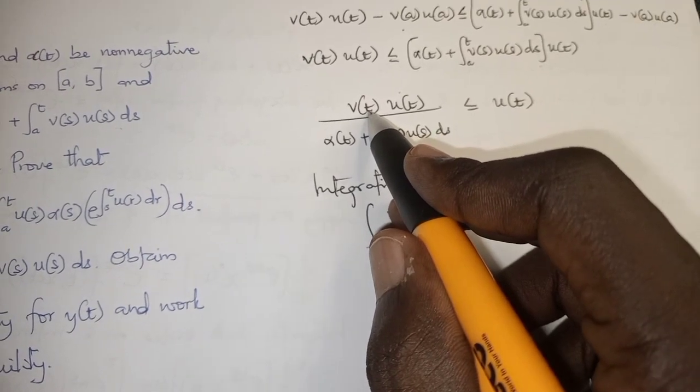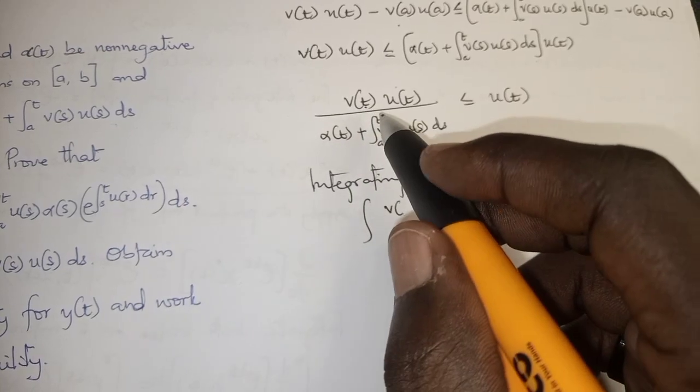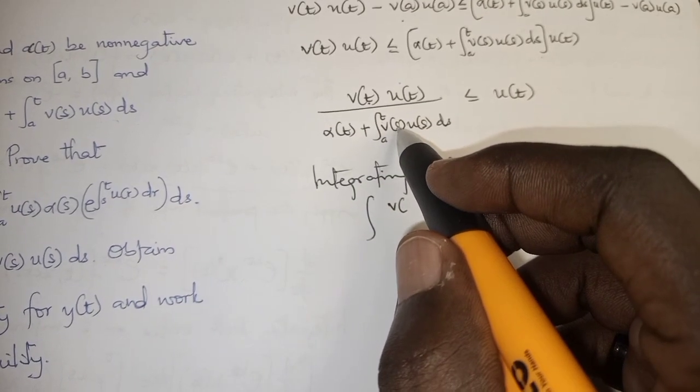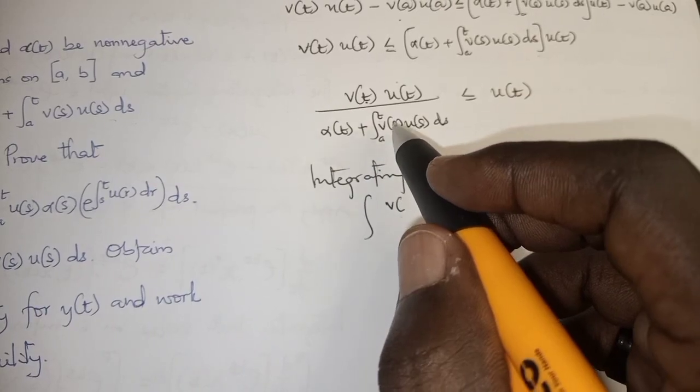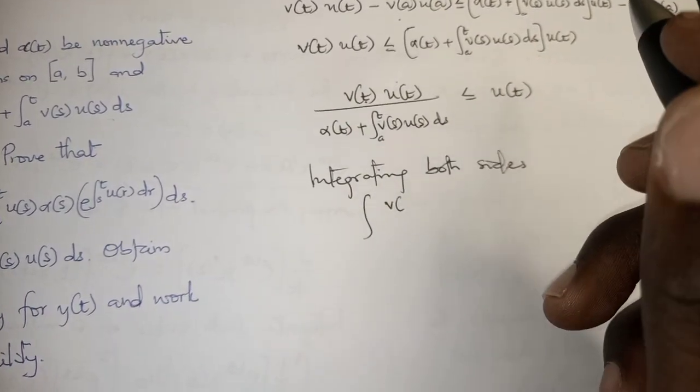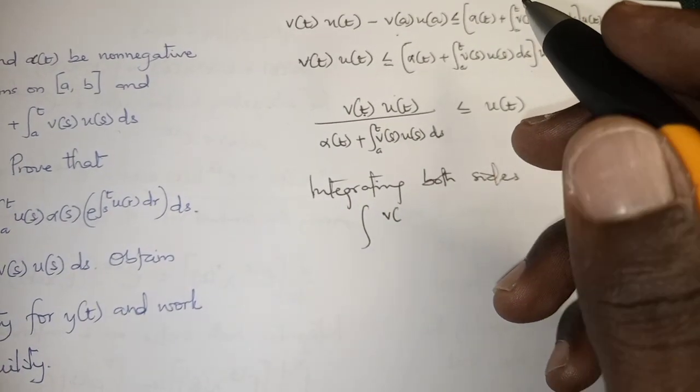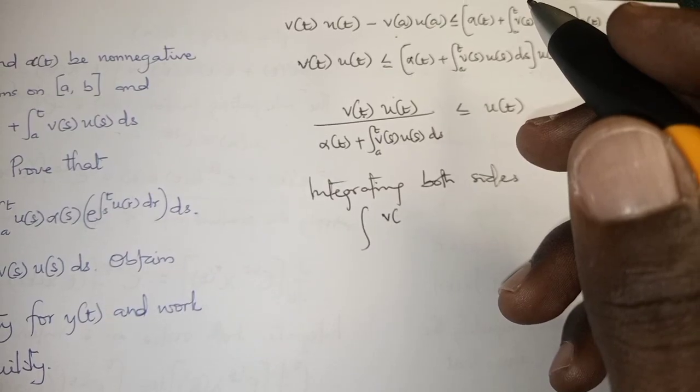We can make it r, because there is already s here, so we change it to r. Okay, so we'll be using r.